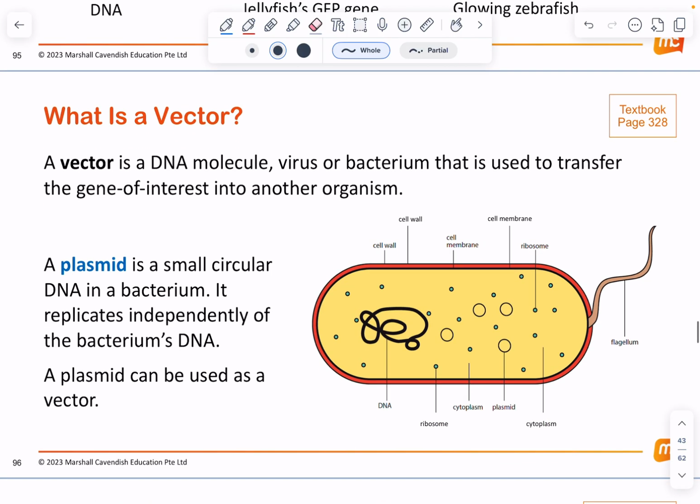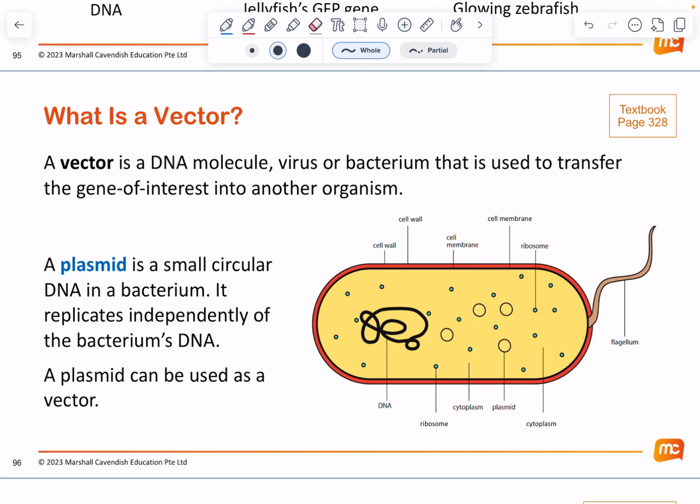Then comes the question: what is a vector? A vector is a DNA molecule, which can be from a virus or bacterium, that is used to transfer the gene of interest to another organism. What we are looking at is being able to extract this vector and transfer it into another organism. The original DNA is known as the plasmid, but when it is combined with the particular gene of interest, we call it recombinant DNA.